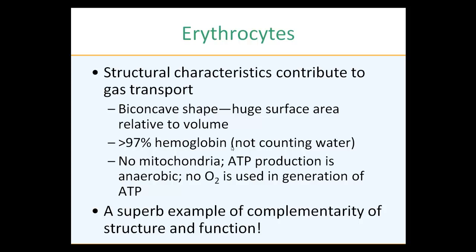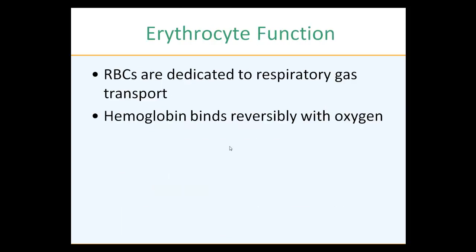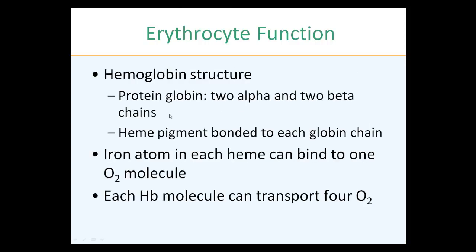Instead, they only rely on anaerobic respiration. RBCs, or red blood corpuscles, red blood cells, are dedicated to respiratory gas transport. The hemoglobin will bind reversibly to oxygen, also to carbon dioxide, although they bind to different regions, and we will talk about that in a short bit when we describe the structure of the hemoglobin.